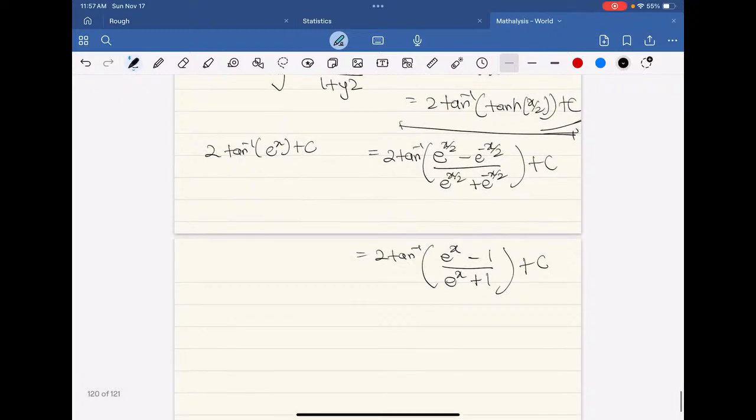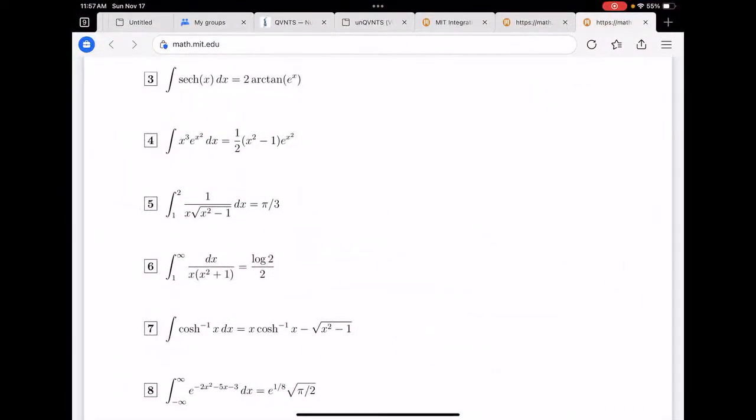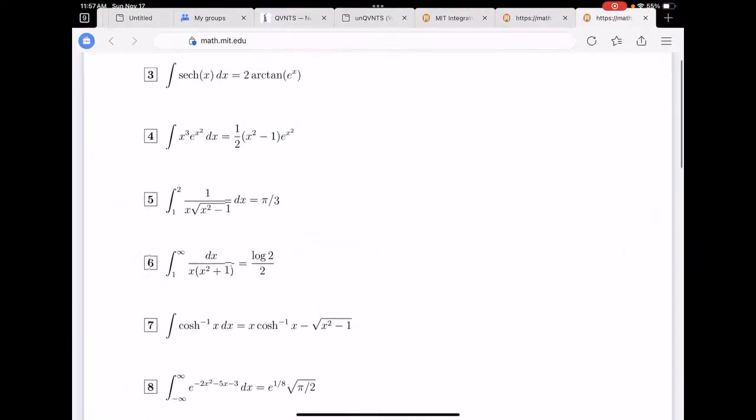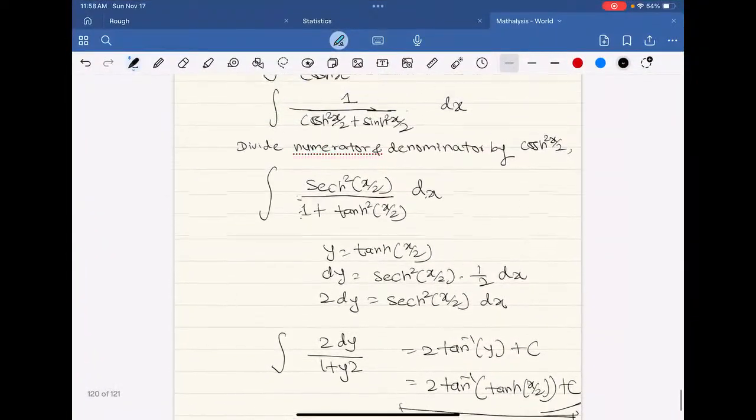How do I even make use of this? Guys, if you have any idea, please let me know. How do I get this answer? 2 tan inverse of e to the power x, right?